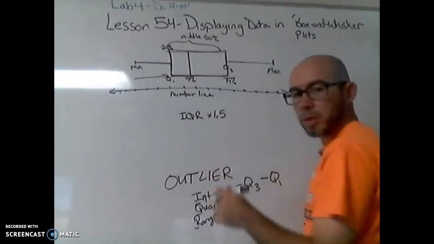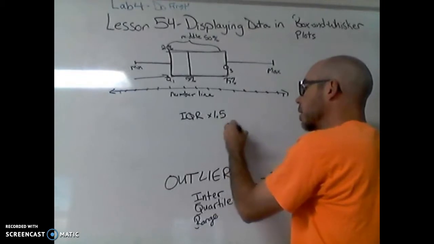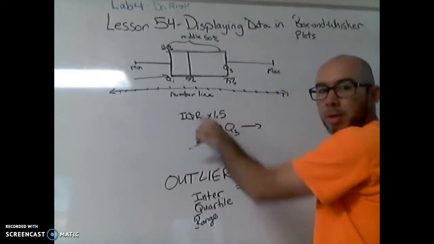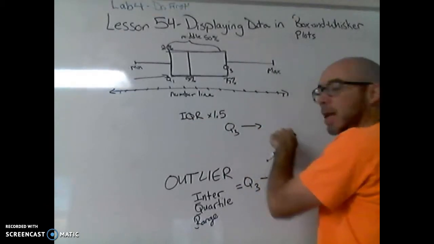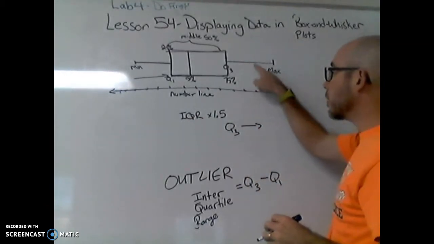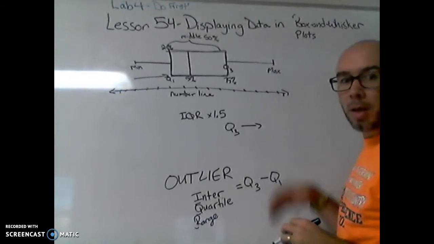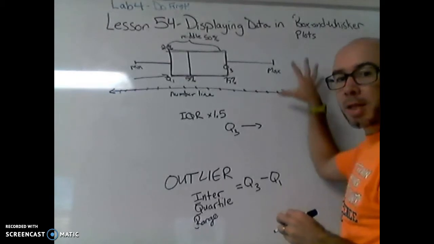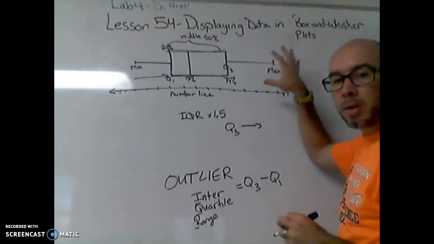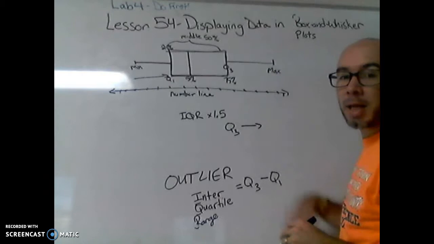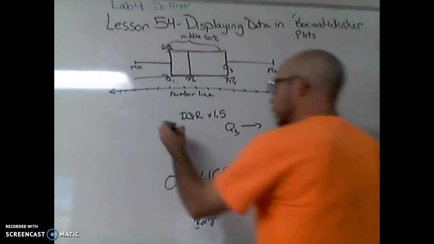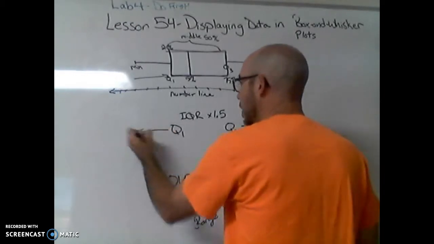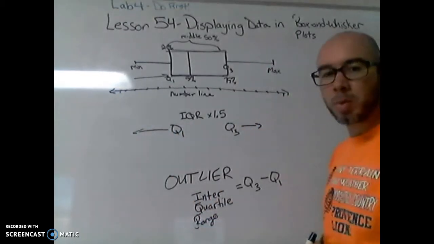And then we go two directions. We go from quartile 3 that amount. If any of our data points are past 1.5 times the interquartile range up from quartile 3, that's an outlier on this side of the picture. It doesn't seem to fit with the rest of the data. It's all out there all by itself. And then we also go this way. We go from quartile 1 and subtract the interquartile range times 1.5.